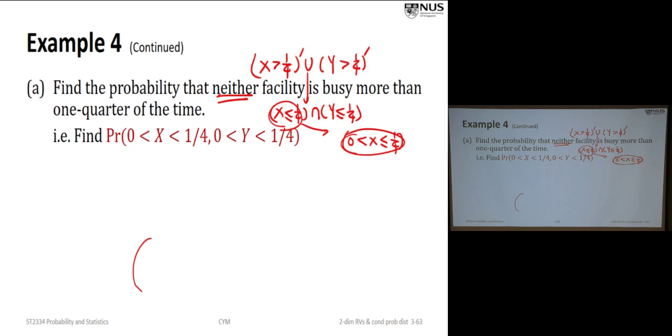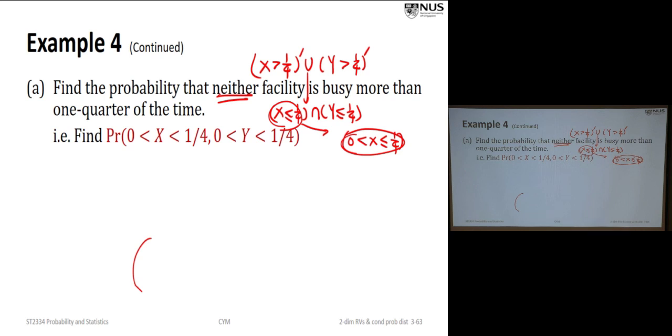These two events are not the same. All right? One is x between 0 and 1/4. The other one is x less than 1/4. That means x less than 1/4 covers x between 0 and 1/4. In addition, it also includes x less than 0.